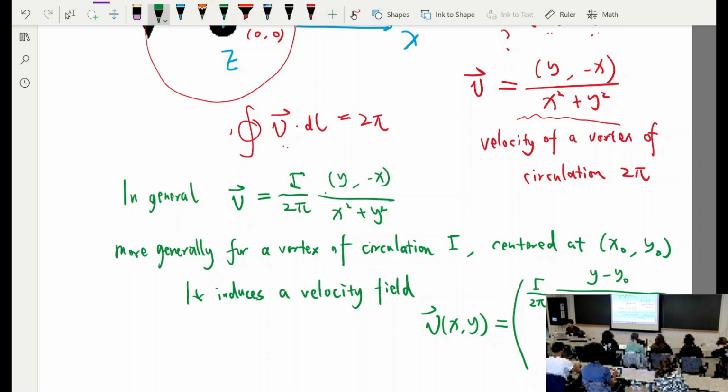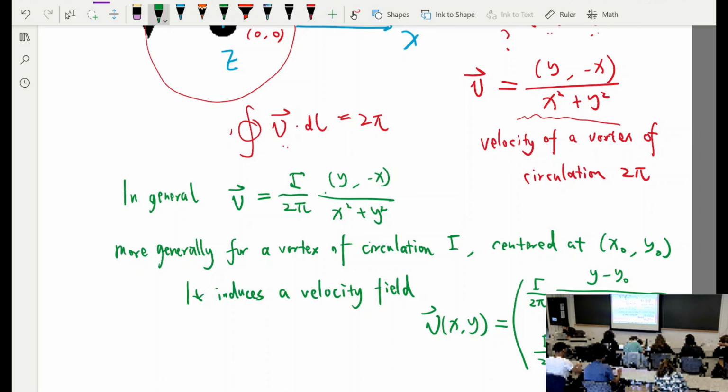So whenever you see x, you replace the x by x minus x0, because that's the relative distance to the center of the vortex. Whenever you see y, you replace it by y minus y0, because that's the relative distance to the center of the vortex. And again, the y component would be gamma over 2 pi, now instead of minus x, I have x0 minus x.